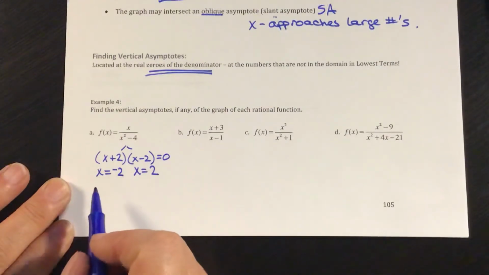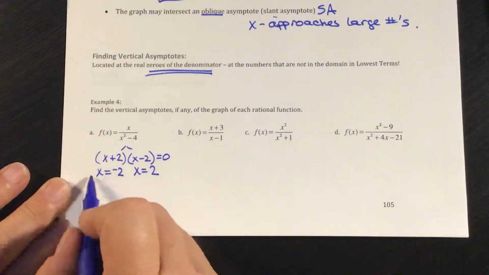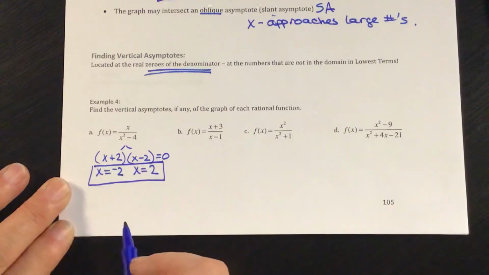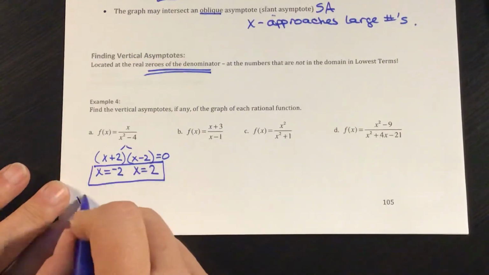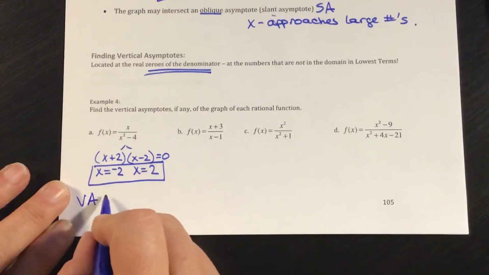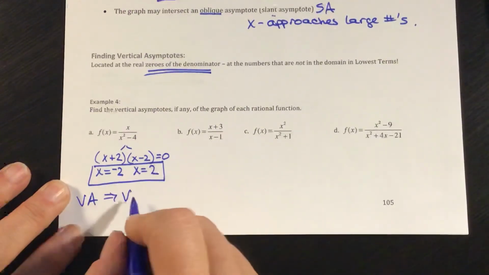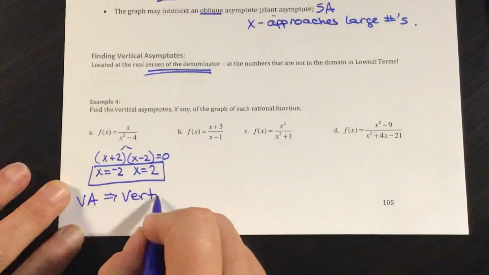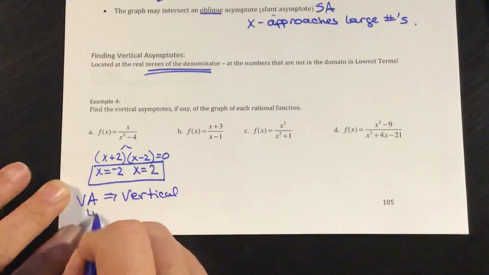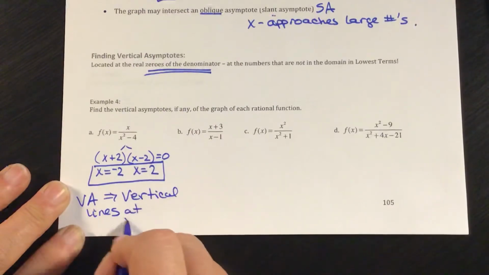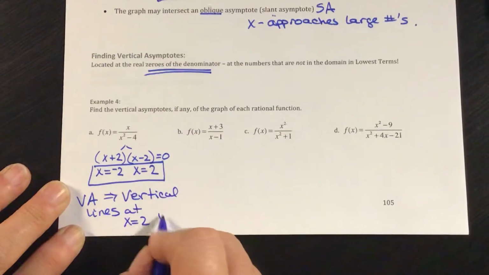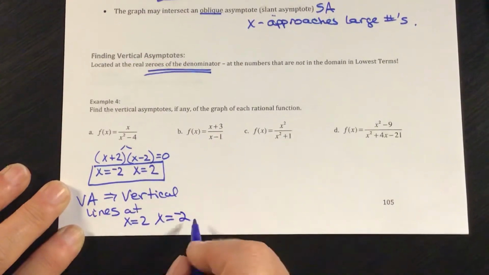Okay, so this is also equations of vertical lines, and they are my vertical asymptotes. Vertical lines at x equals 2 and x equals negative 2.